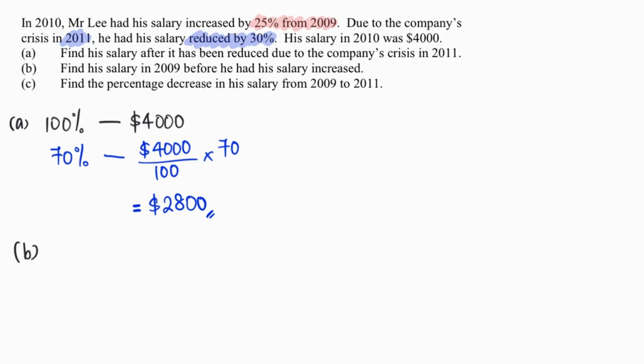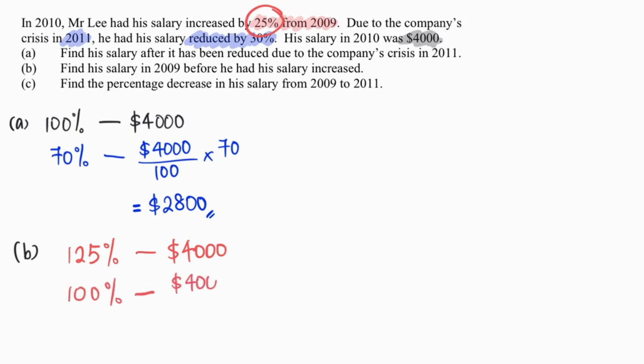So for this question, now the $4,000 here, the percentage has changed because as compared with 2009, this $4,000 is actually an increment of 25%, meaning 125% represents $4,000, and the salary in 2009 is what we need to find, which is 100%, the original.